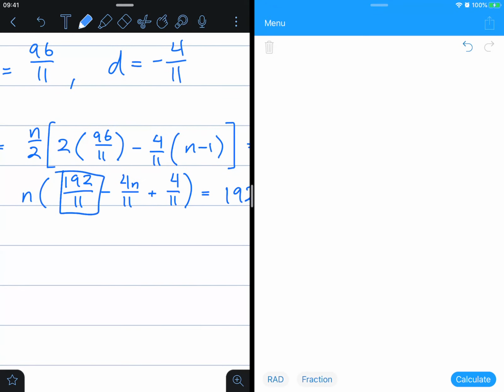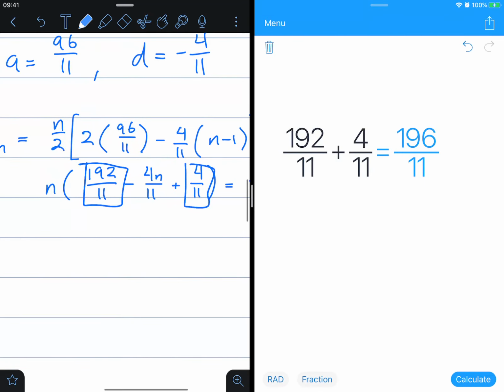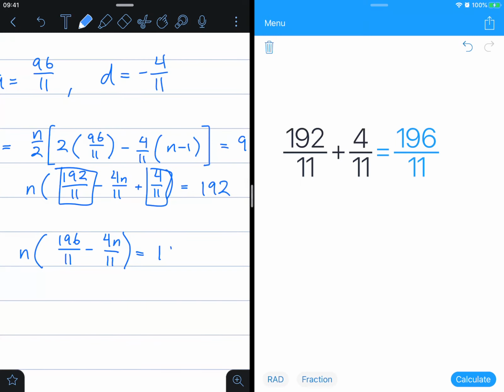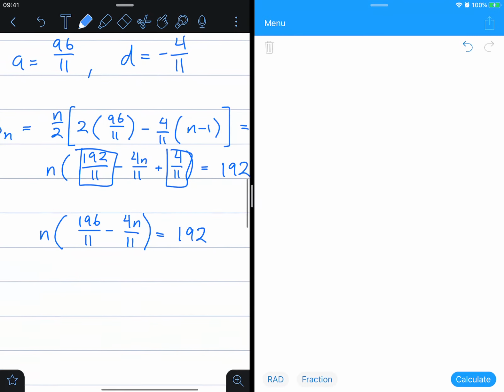Collecting like terms, these two are like terms. So 192 over 11 plus 4 over 11, we get n outside of 196 over 11 minus 4n over 11 equals the right hand side, which was 192.